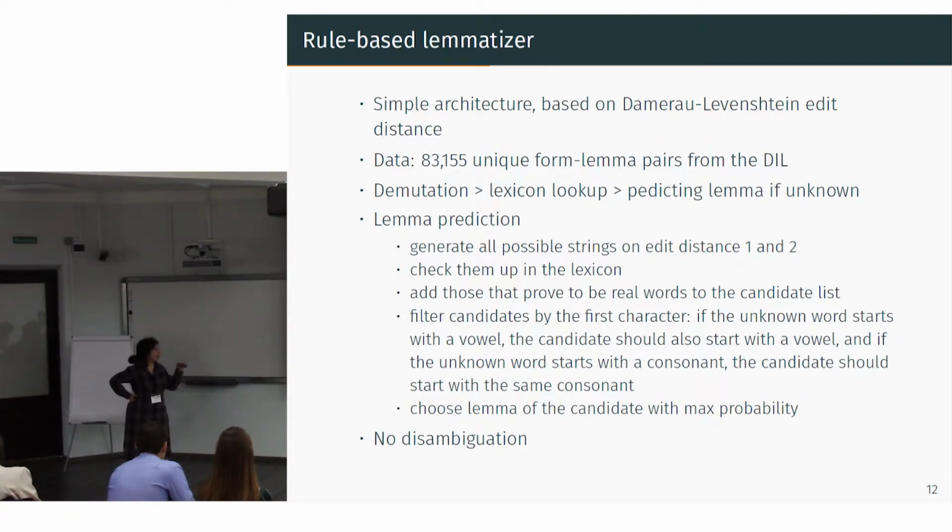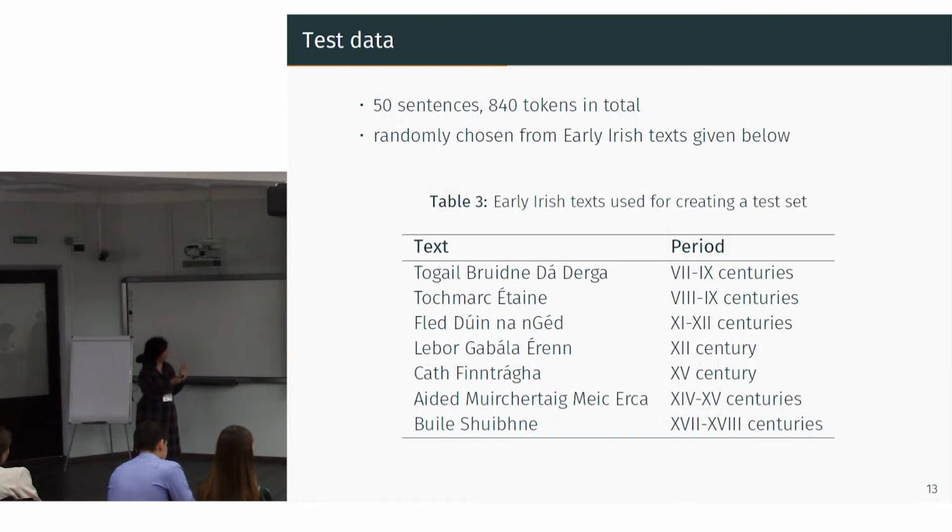Then filter them by the first character, because normally forms starting with a vowel tend to have lemmas starting with a vowel, for example. Then we choose the lemma with the highest probability, which is just the frequency count here. So it's very simple.